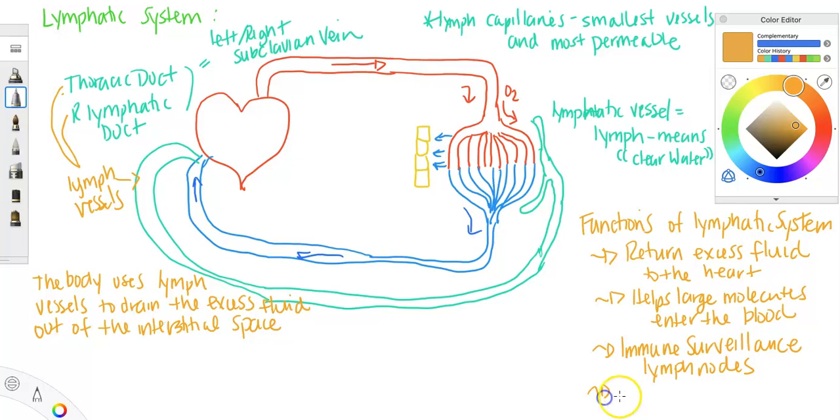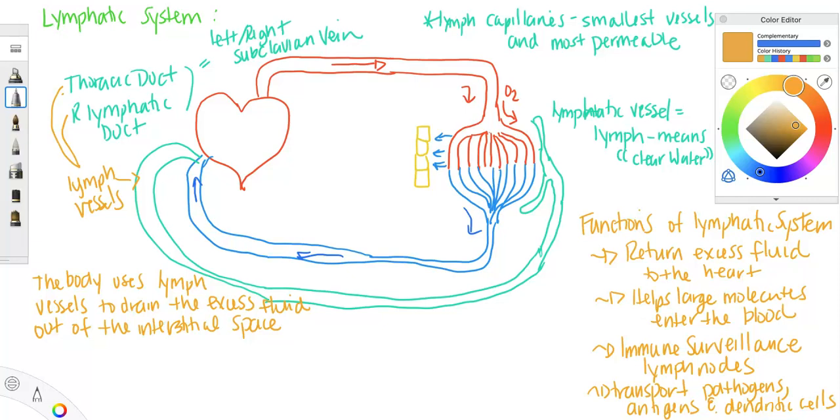And it helps transport pathogens, antigens, and dendritic cells from tissues to lymph nodes. Okay, so it picks those things up. Those are some of the bugs, quote, that get picked up in the interstitial space by lymphatic vessels.